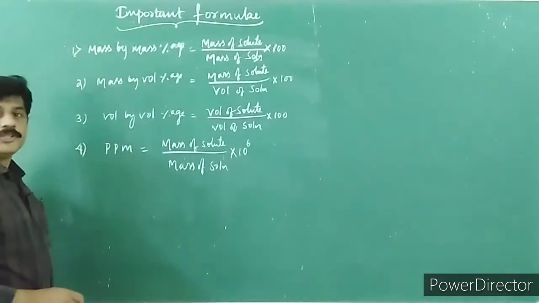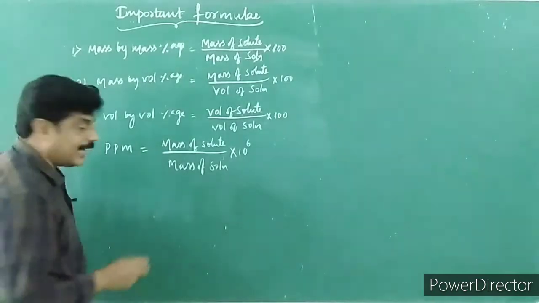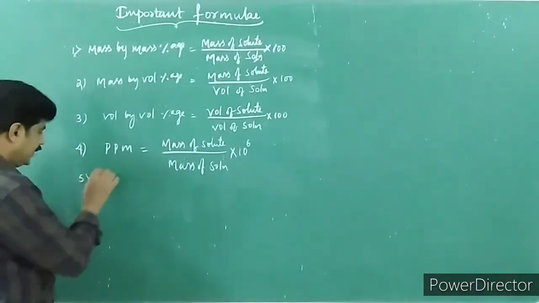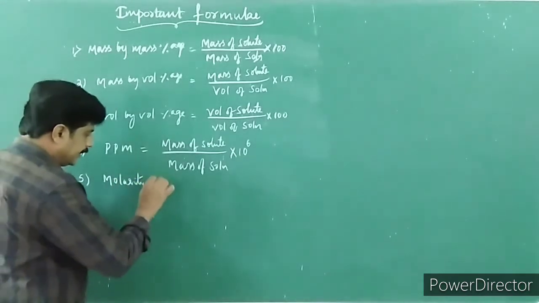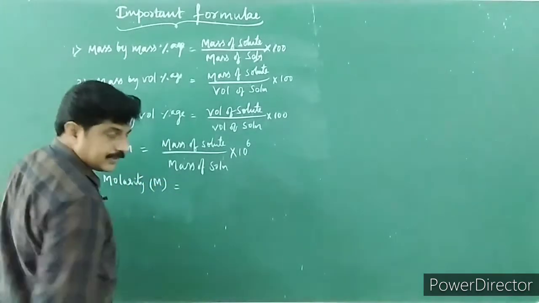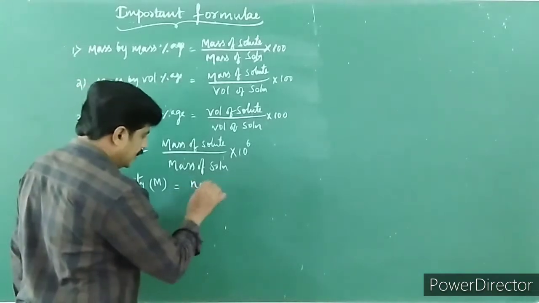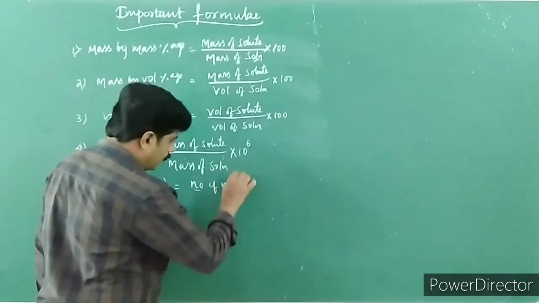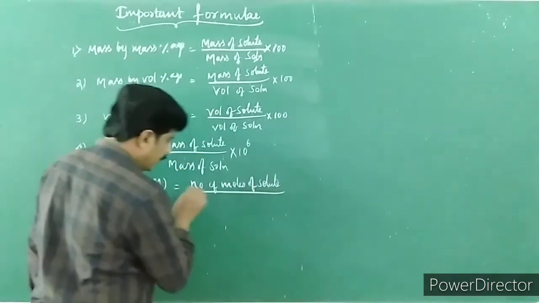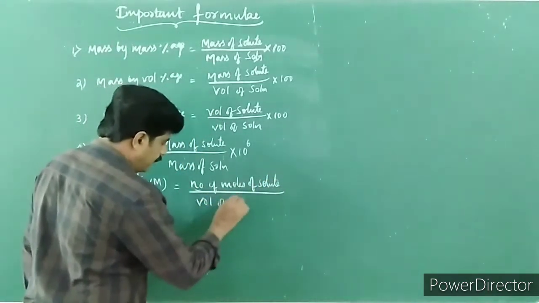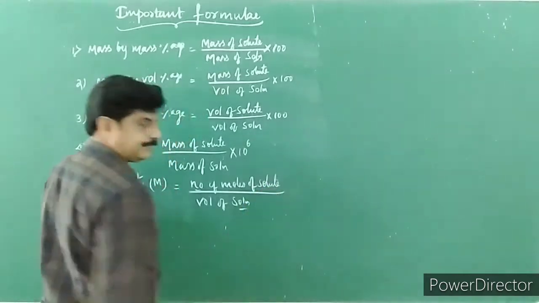After that, children, you have learnt about molarity. Fifth one is molarity denoted by capital M. Nothing but number of moles of solute upon volume of solution in liter.